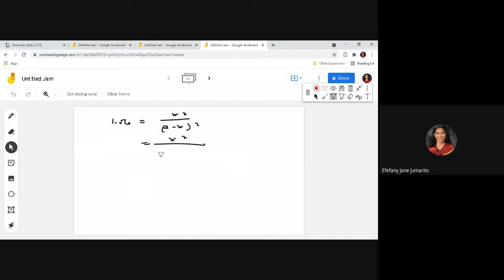Simplify the denominator. We have 2 minus x squared. What is that? 2 squared. What is 2 squared? 4.